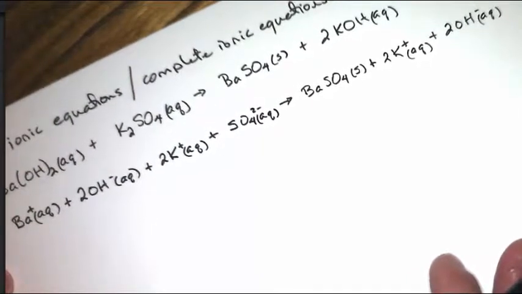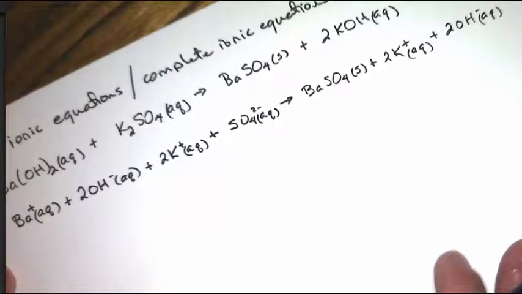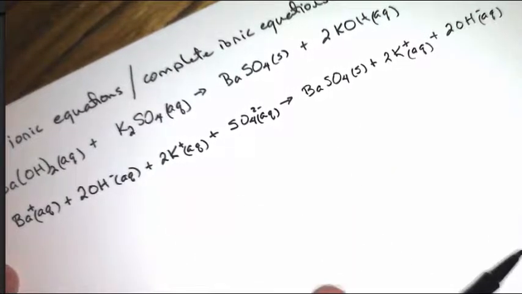Okay? That's all it is. Should not be hard, because this is basically undoing the stuff we did when we first balanced equations or balanced formulas, right? You only break apart what's aqueous. But you're only breaking apart the stuff that's aqueous. Okay? We're just undoing what you learned to do when we first learned to balance formulas. Period. That's it. All right.